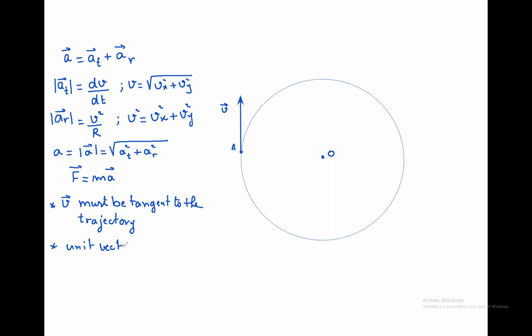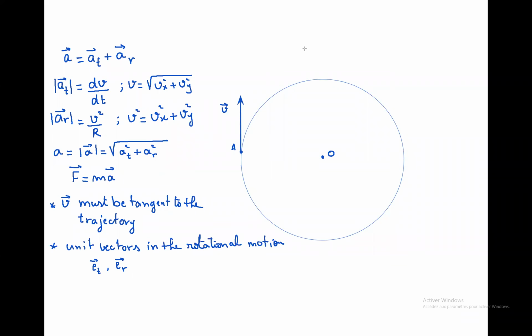In the case of rotational motion, you have to use the unit vectors ET and ER.